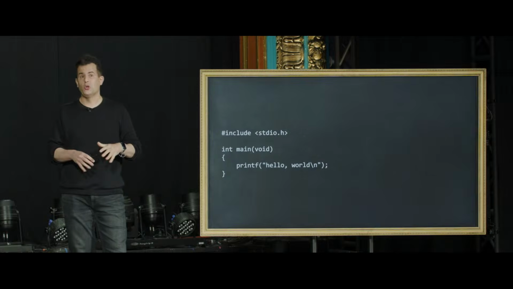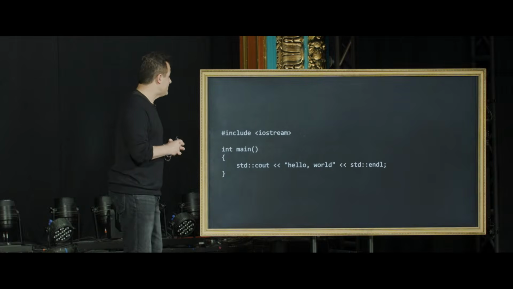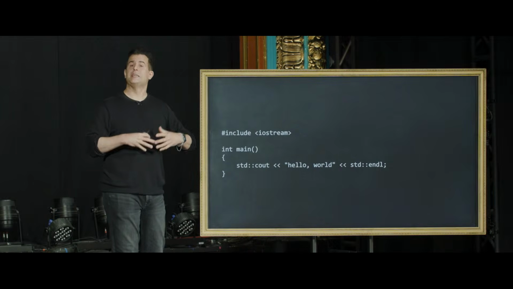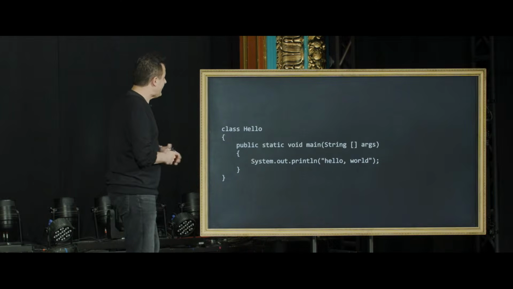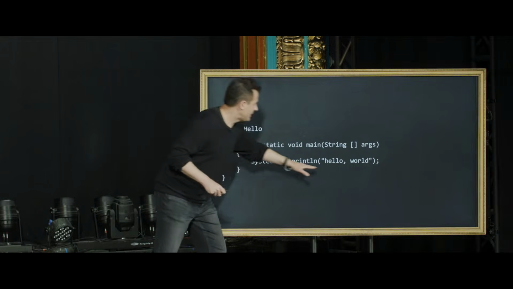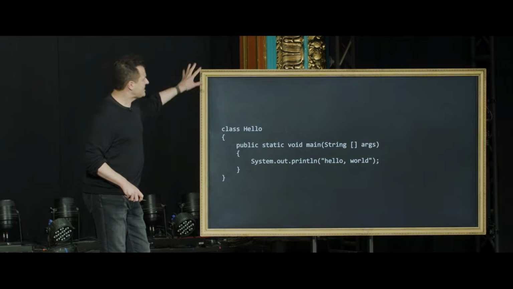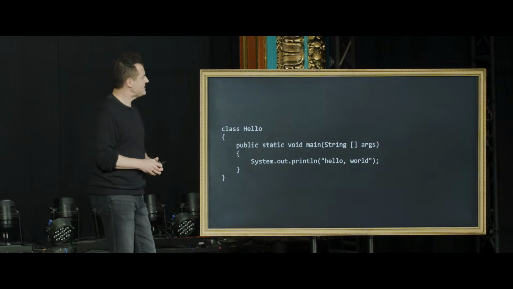In fact, hello world can be written in most any programming language. Here, for instance, is a C-inspired language called C++, which came a bit later. Here is a language called Java that similarly is quite popular. But here too, the key detail is that that same phrase is in there. But here too, both with C++ and Java, there's a lot of overhead syntactically.